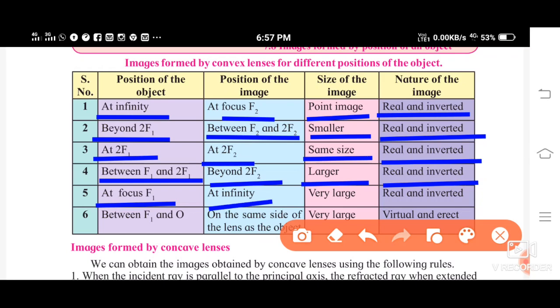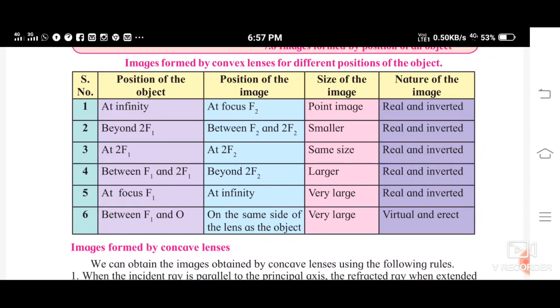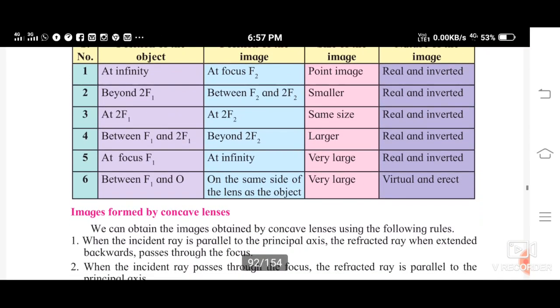How will be the size of the image? It will be very large, real and inverted image. Now between f1 and O, the image will be formed on the same side of the lens as the object, and the image will be very large, virtual and erect.